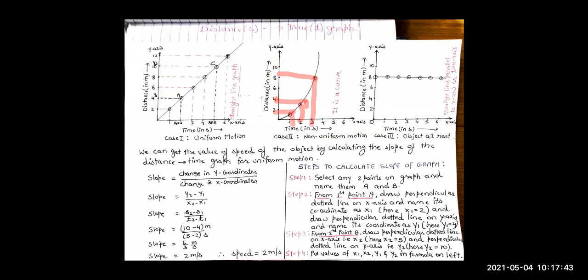And then in time t equals 4 seconds, the distance covered is somewhere here. So you will see that the distance covered in the first 1 second is 2 meters. Then the distance covered in the next 1 second is again 2. But the distance covered in the third second is 4 meters.